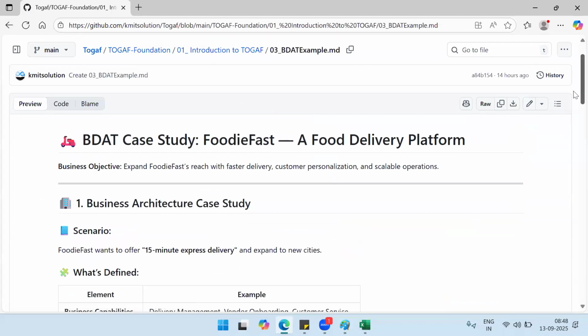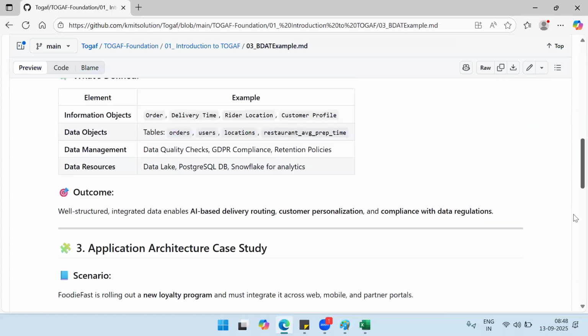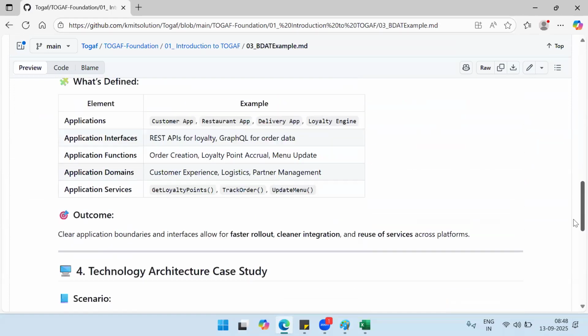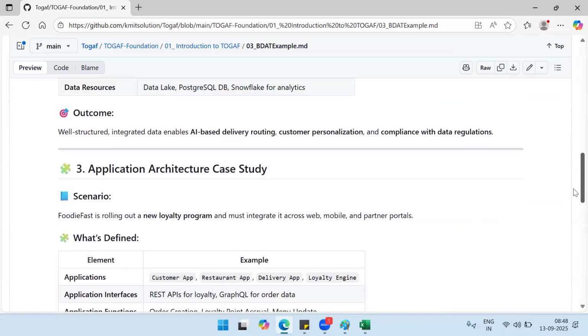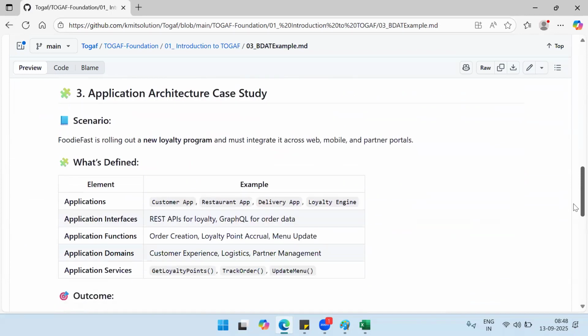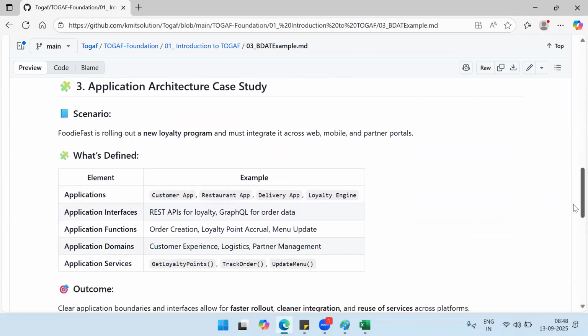All right. So we were on this example, the application strategy. Now you need to create a customer app, restaurant app, delivery app, some other apps. For that, which technology are you using? You are using React, Angular, REST APIs.